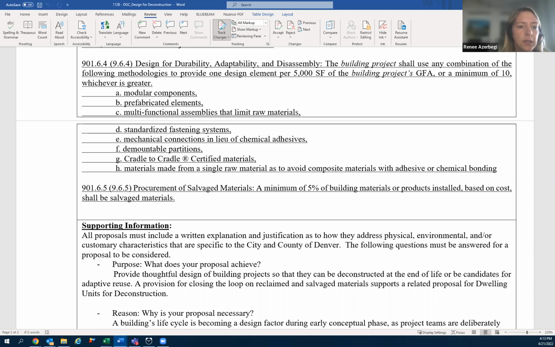If the intent of this credit is to reduce embodied carbon, do we have a proposal on reducing embodied carbon as an option where you calculate that and you say, let's reduce 10% embodied carbon, whether that's salvage materials or building reuse, it doesn't matter. Or maybe we use some extra fly ash in the concrete to get there.